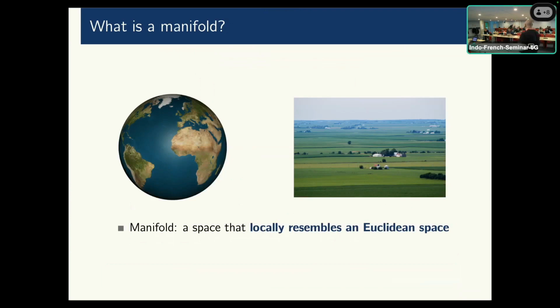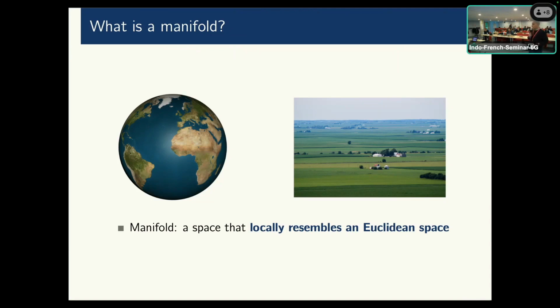What is a manifold? The ribbon that I was showing before is a manifold. This sphere is another example of a manifold. A manifold is any space which can be locally approximated by a Euclidean space.